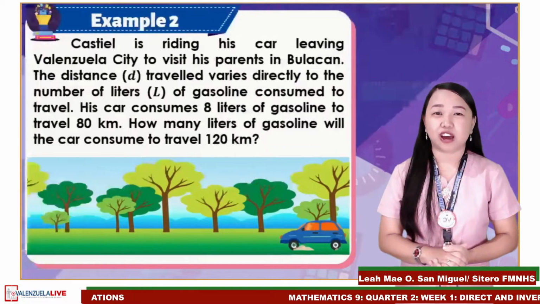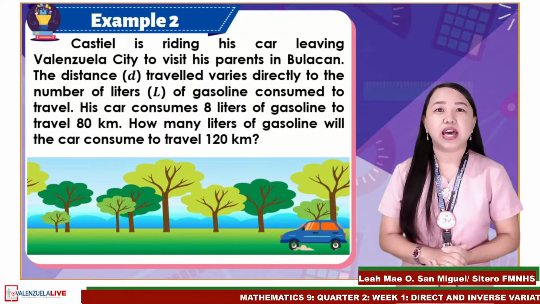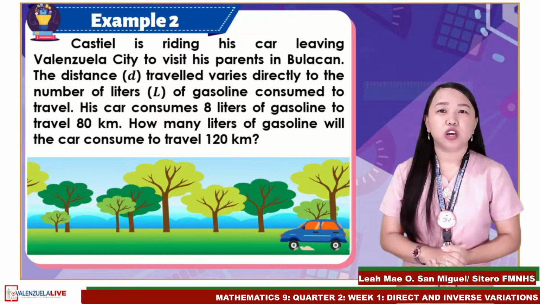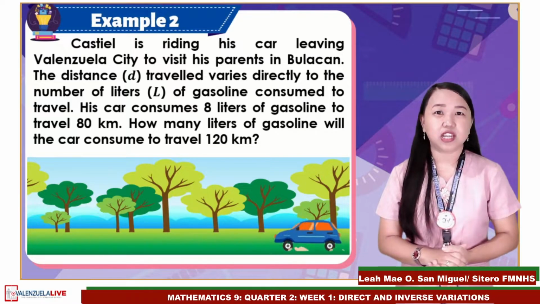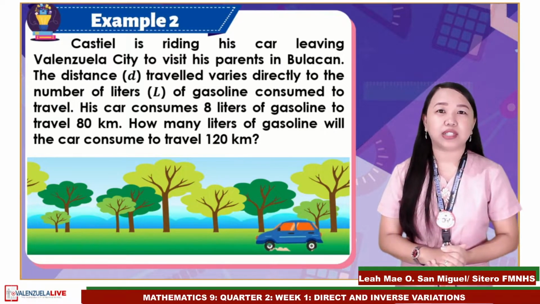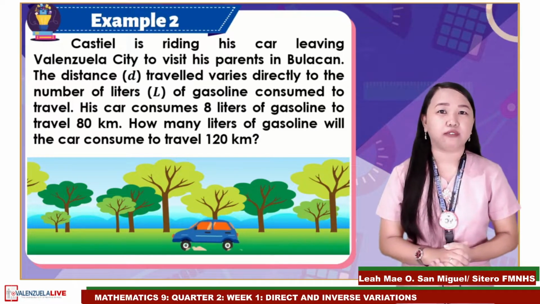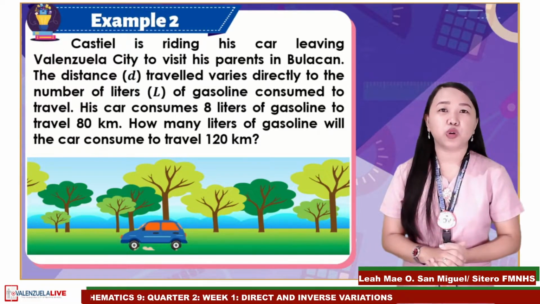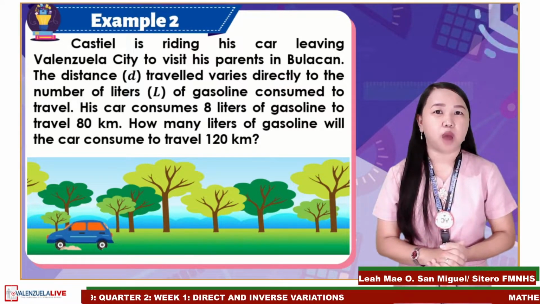Let's have another example. Castiel is riding his car leaving Valenzuela City to visit his parents in Bulacan. The distance d traveled varies directly to the number of liters L of gasoline consumed to travel. His car consumes 8 liters of gasoline to travel 80 kilometers.